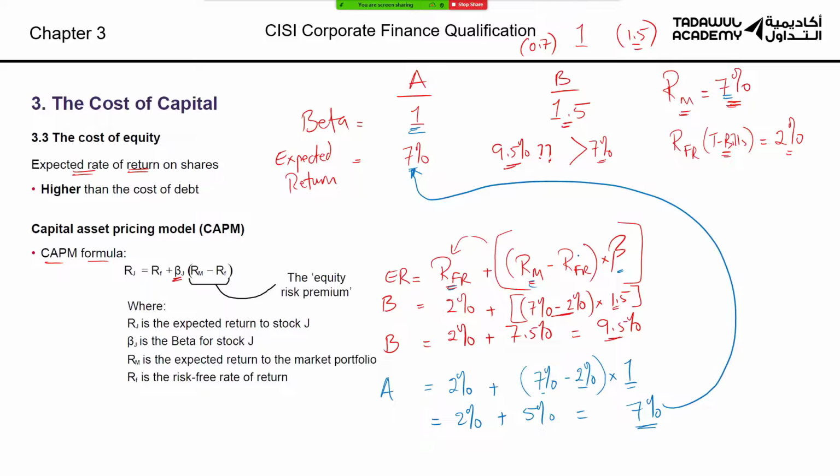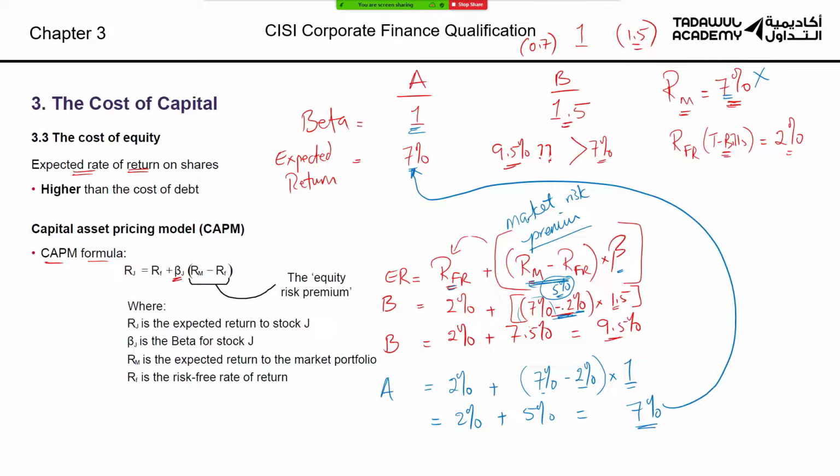By the way, this right here in the bracket, the return on the market minus the risk-free return, is what we call the market risk premium. We've seen in the exam questions where CISI does not give you the return on the market. They just tell you that the market risk premium is 5%. So they have already calculated this for you. They don't give you the 7%. They actually tell you it's 5%. Remember, if you get the market risk premium, they have already deducted the risk-free.